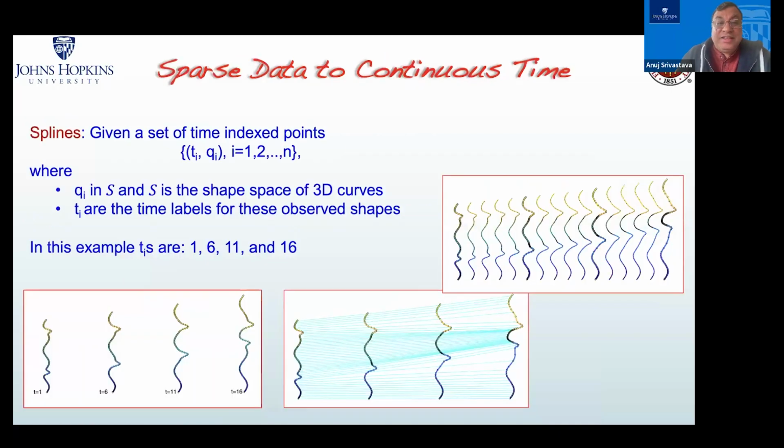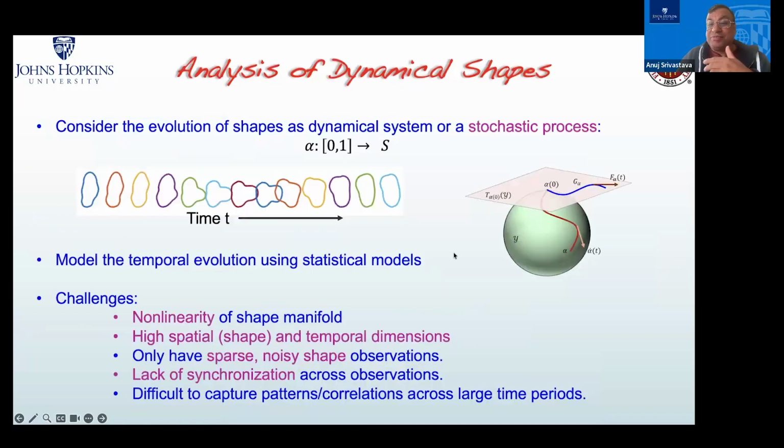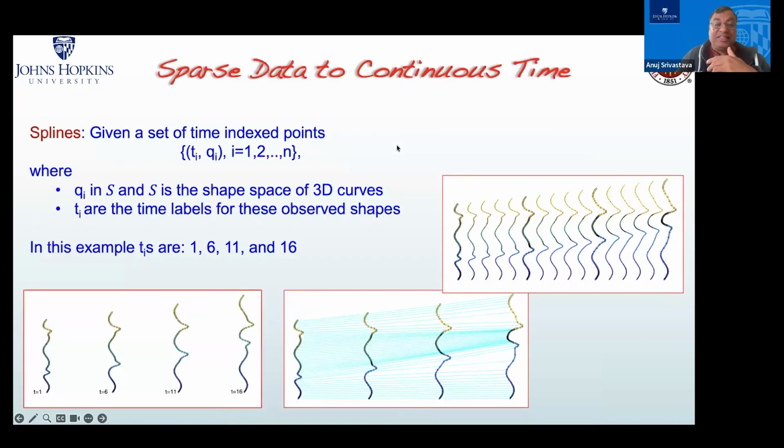I just want to mention in this context one pre-processing step. When we get objects, we get them at sparse times. Of course, I'm talking about a stochastic process which has continuous time. And so we are thinking of this as a continuous trajectory, but we have only sparse time data, sometimes very sparse.